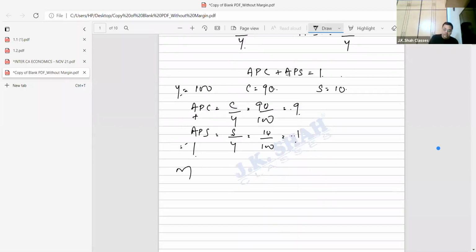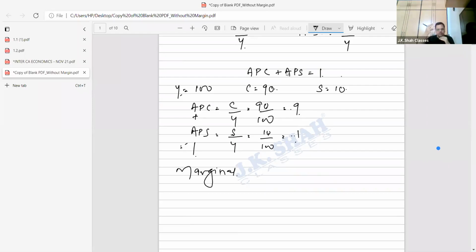Next thing that we have to study, students, is marginal propensity to consume and marginal propensity to save. Very easy. Average was: from your income, how much you're spending on consumption. Marginal is when your income increases, how much of the increased income you're spending on consumption. With the increase in income, your consumption increases.